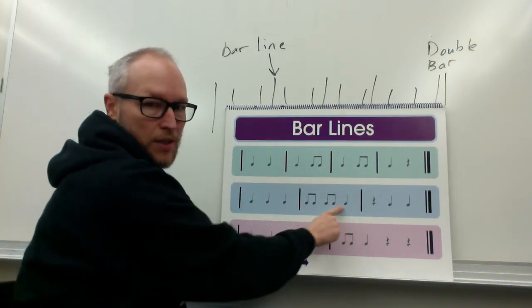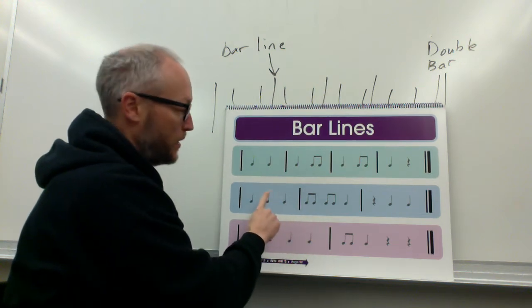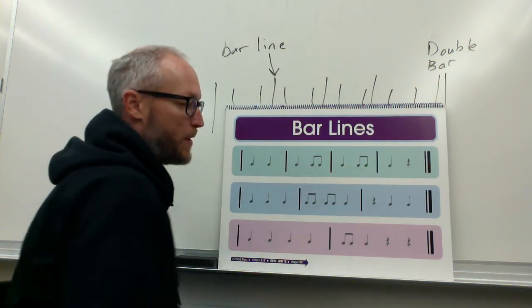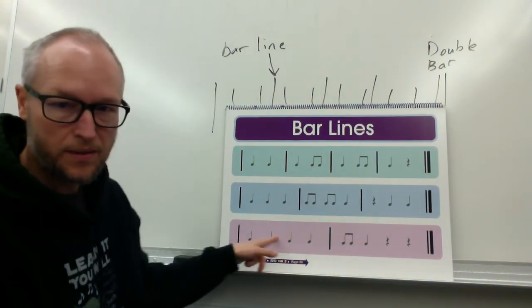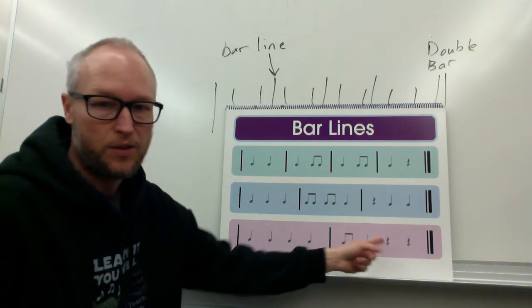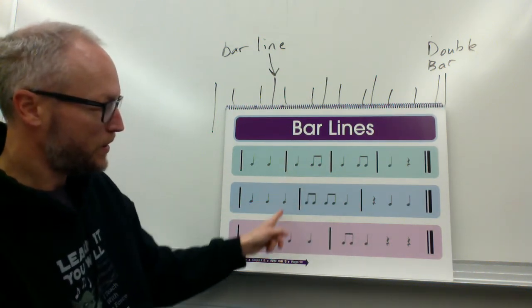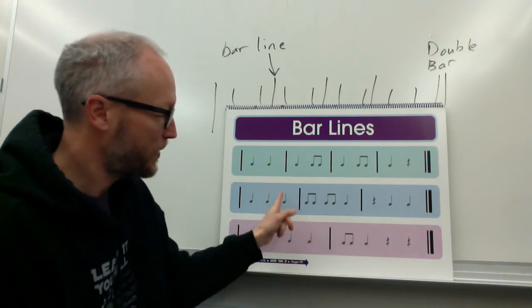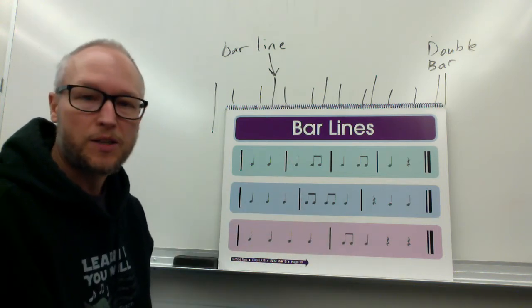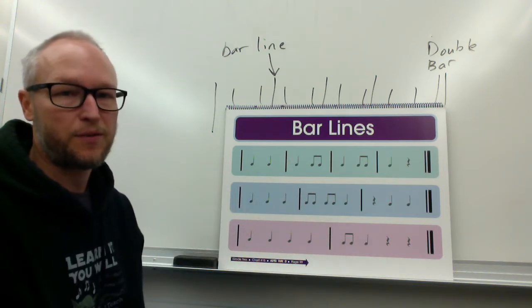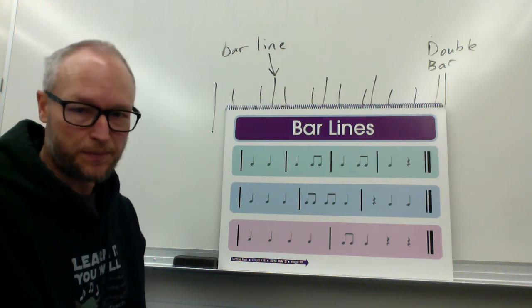How many measures in this one, in the blue? 1 measure, 2 measures, 3 measures. And in the bottom one, how many measures do we have? 1, 2. You see how each measure gets a little bit longer? That's because music can be divided up into different lengths of measures.